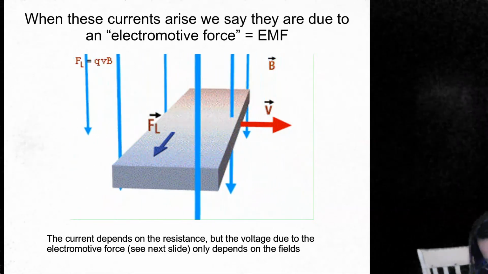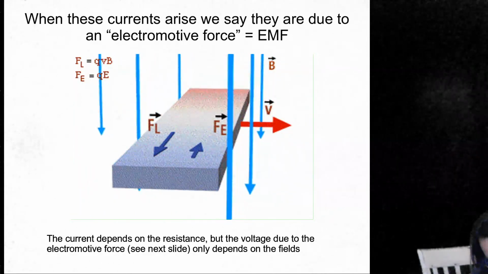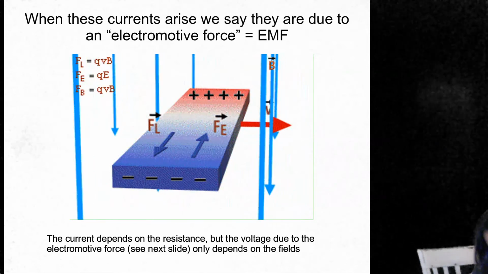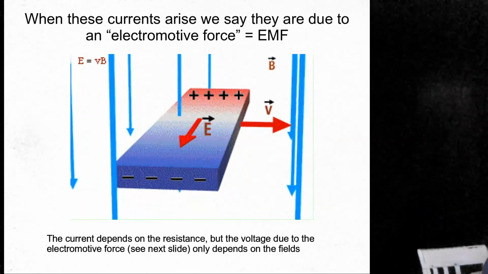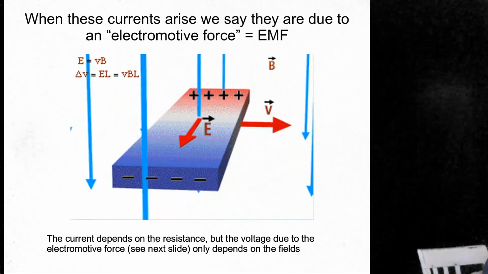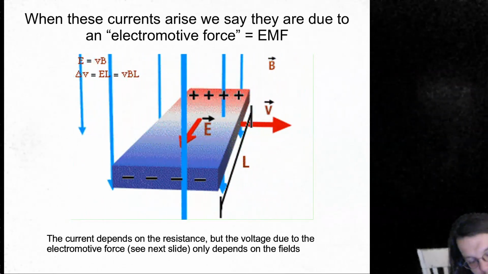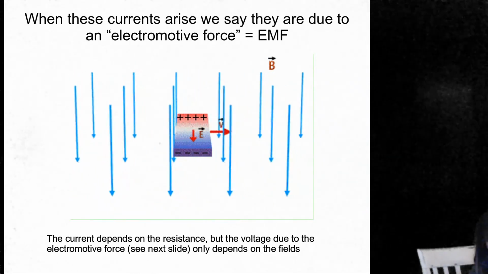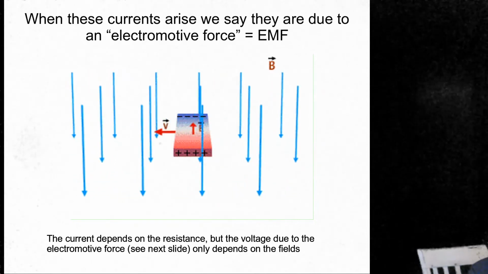As the charges in the rod separate, they create electric fields until the electric force, QE, balances the magnetic force, QVB. Thus, an electric field equal to V times B exists at each point in the rod. This electric field creates a potential difference between the ends of the rod. The Lorentz force is therefore the source of the EMF. If we reverse the direction of motion, the potential reverses.